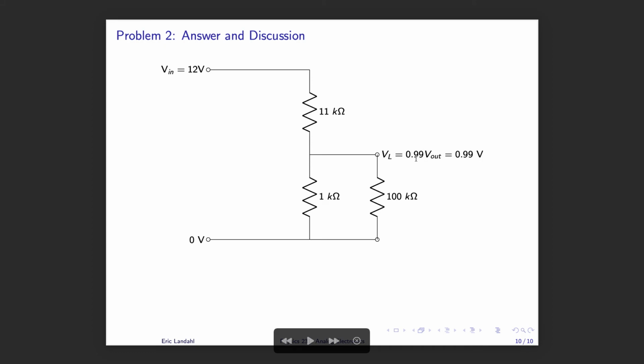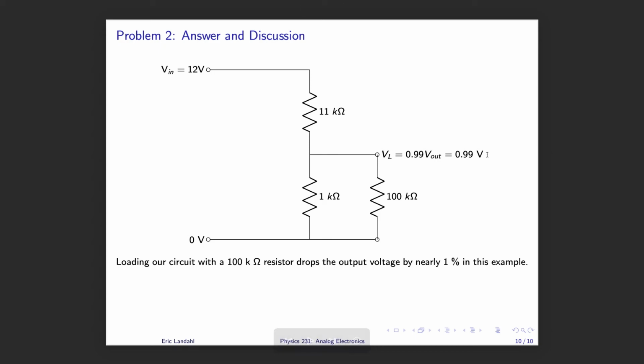And so our loaded voltage is 0.99 times the original output voltage, or 0.99 volts, since our output voltage was originally set to 1 volt. Or in other words, loading our circuit with a 100 kilo ohm load drops the output voltage by nearly 1% in this particular example. And it would be a different answer if we had different resistors in the original voltage divider.